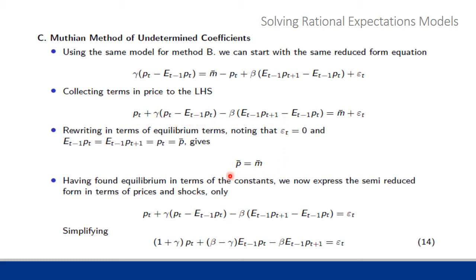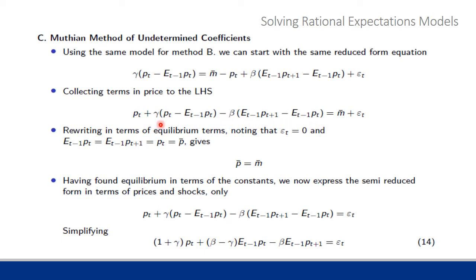We have that p bar is equal to m bar. So we found equilibrium in terms of the constants. And now we express that semi-reduced form in terms of the deviations away from equilibrium, or prices and shocks only. In other words, we take these constants, p bar and m bar, and remove them from the previous reduced form.